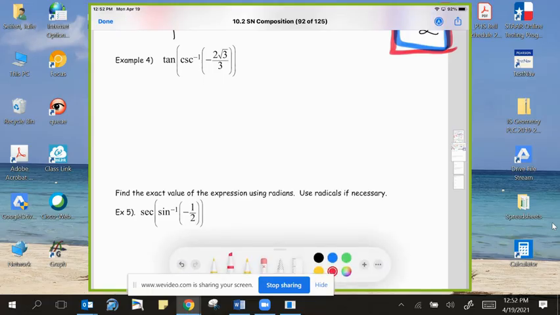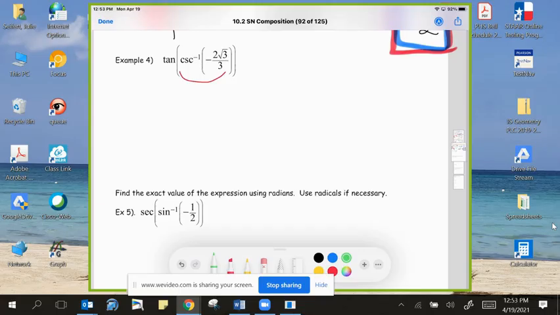The inside, yes. Cosecant inverse of negative 2 root 3 all over 3.